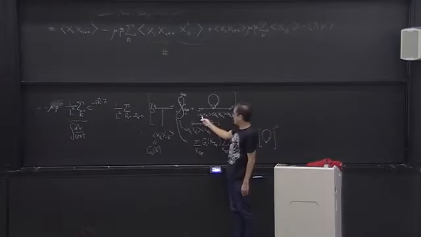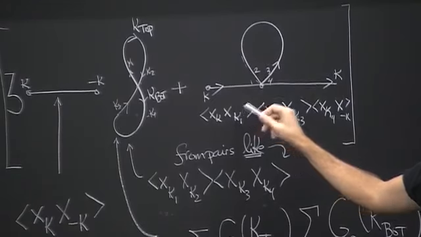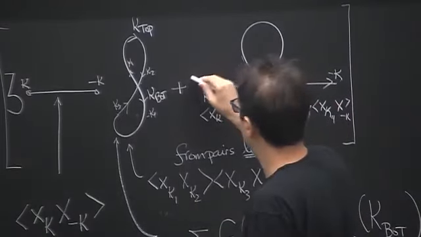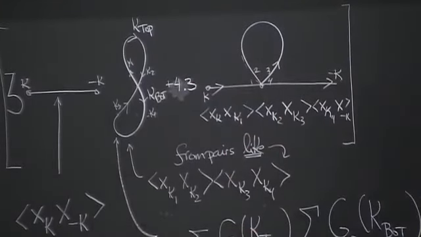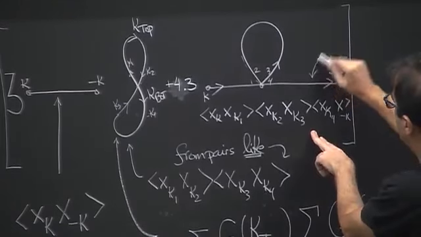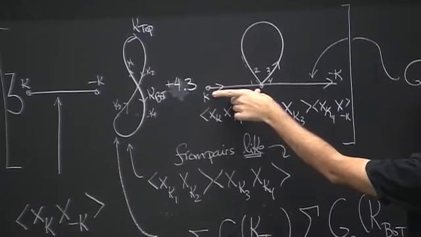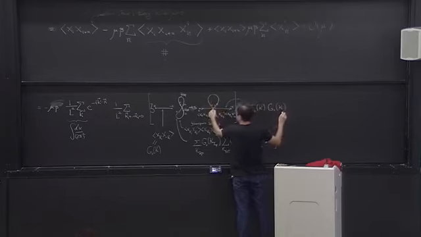But how many pairs are there like this? Well, k could connect to k1 or k2 or k3 or k4. So there are 4 options for who k connects to. And then there are 3 left that could connect to minus k. So in this case, there are plus 4 times 3 graphs. Where this graph now represents, in equations, one propagator here, so 1 G0 of k, one propagator here, so another G0 of k, and one propagator here that we sum over.